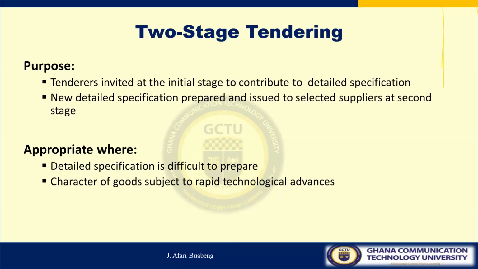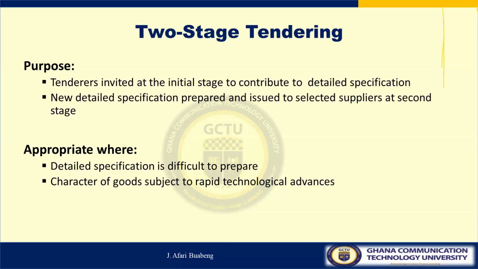So this is the advert. And then you see people coming to help. So you give a date. So they will come and help you design the specification. I mean, have a more detailed specification. So once that is done, then you give what was designed to those who participated in the first stage for them to come out with their proposal.